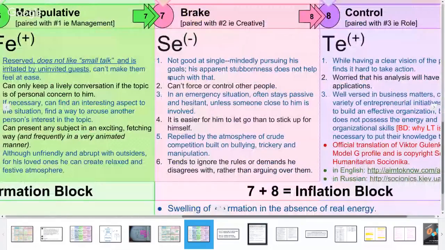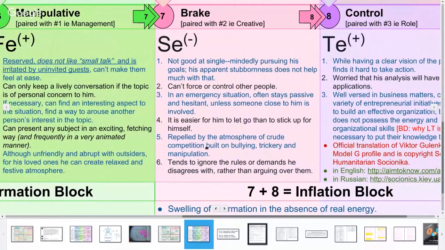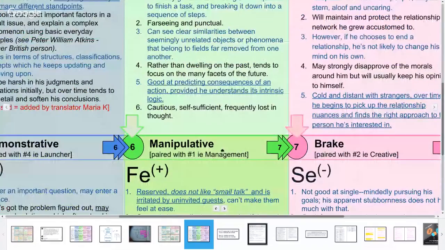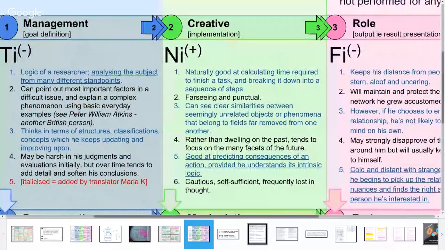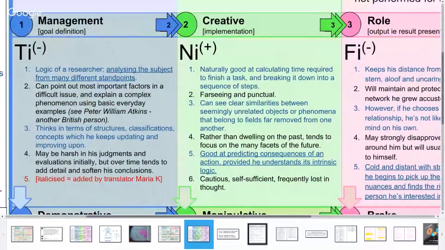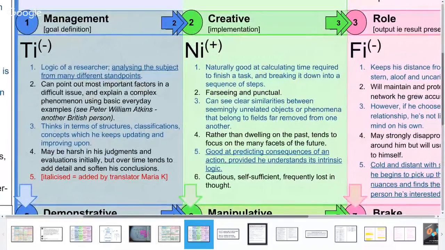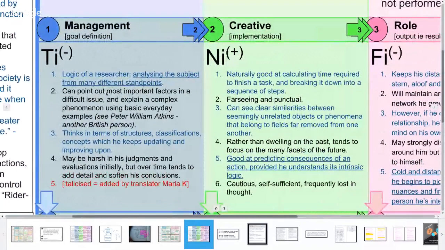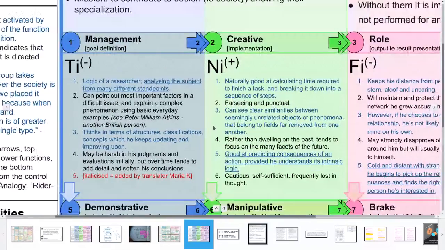And so you see here, not good at single-mindedly pursuing his goals, and cannot force or control other people, because of the risk. If you see the negative consequences, how things can escalate, how conflicts can escalate. So I'll go into more of that later. So TI and NI working together in the social mission block.